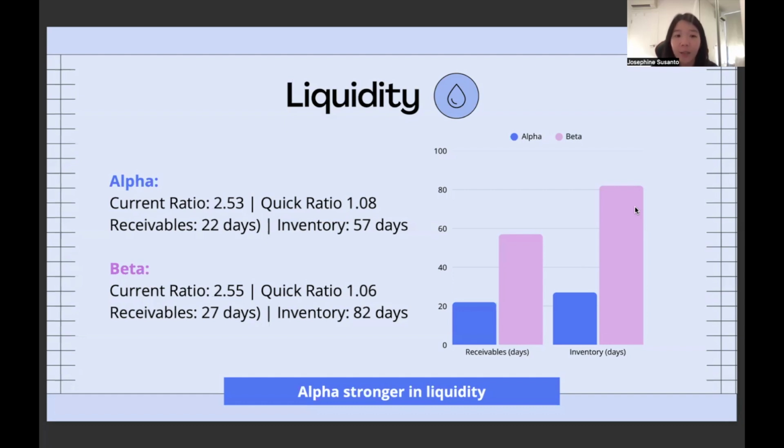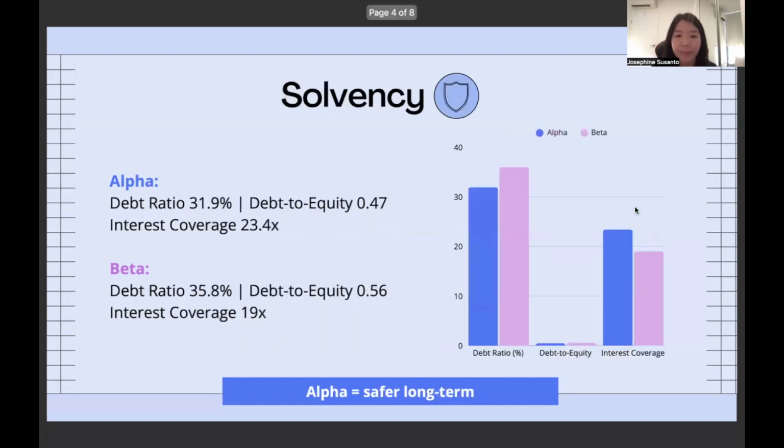On the other hand, Beta's ratios are similar, but its inventory is held longer at 82 days, and its receivable period is 27 days. This slows down its cash flow. So, in terms of liquidity, Alpha is more efficient and stronger than Beta.